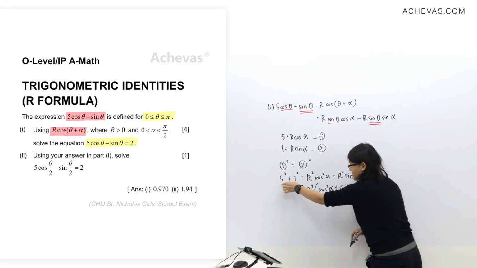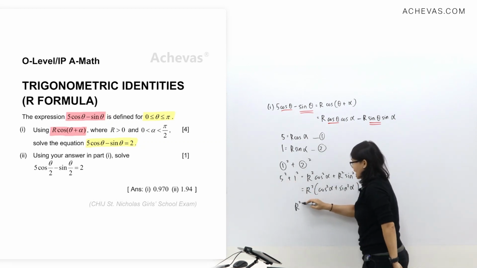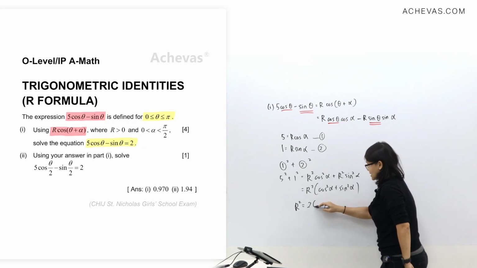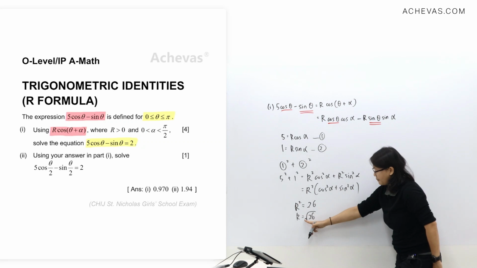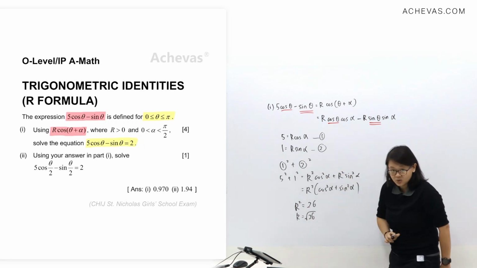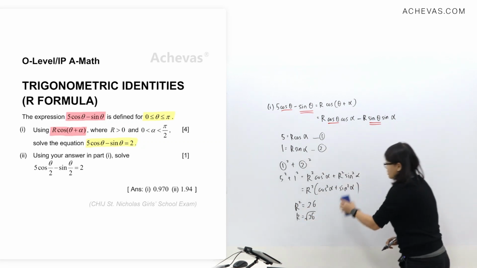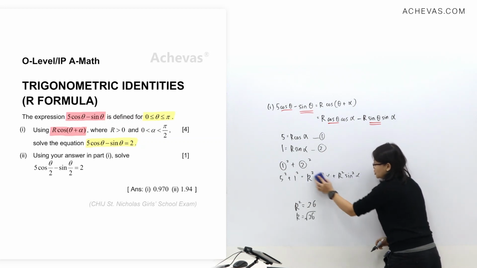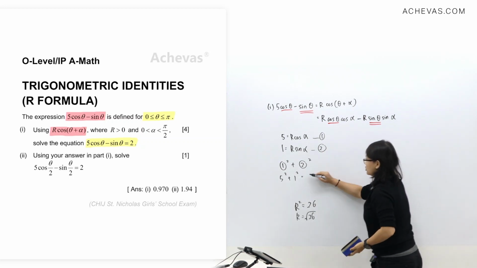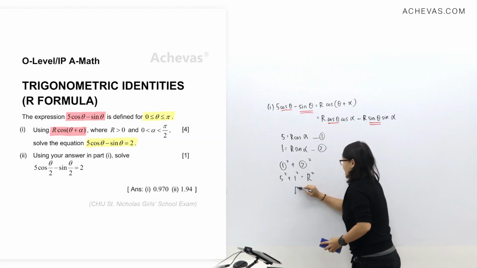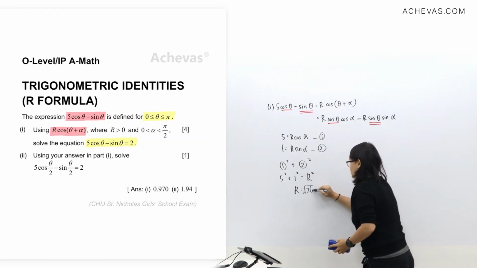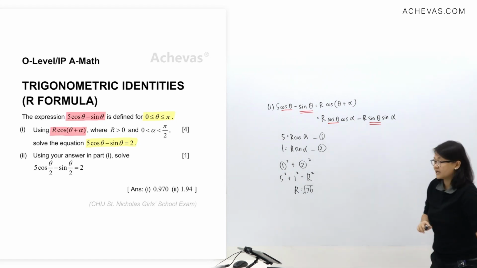So r squared will be this value here. So the next line, r squared equals 26. So r value will be square root 26. Remember, positive only because it's given by the question. Now I'm going to erase this one here. To shorten my working, usually we'll just do it this way, and then I know that r will be equal to square root of 26. Just these two lines here.